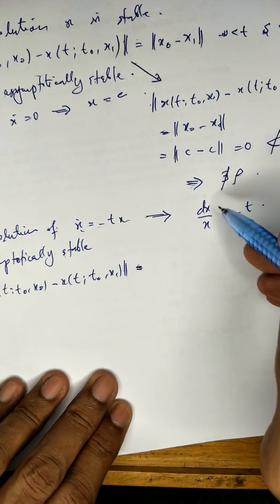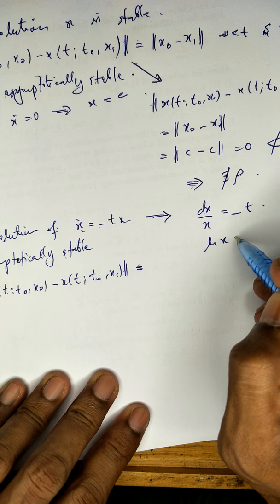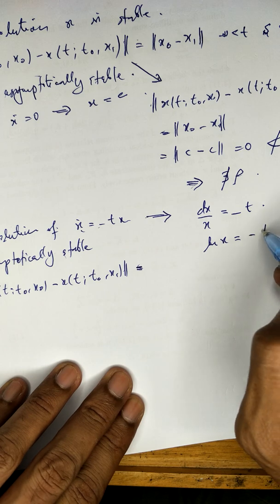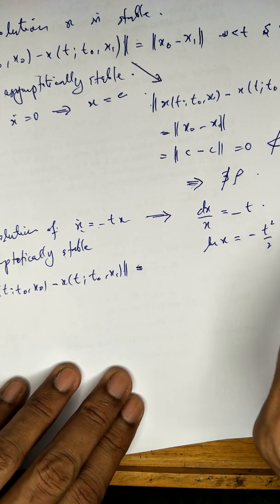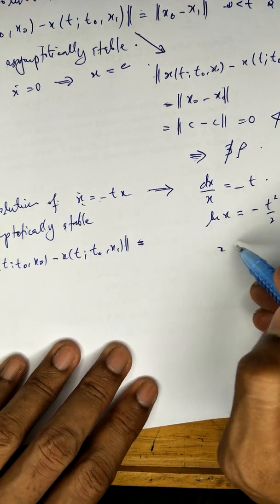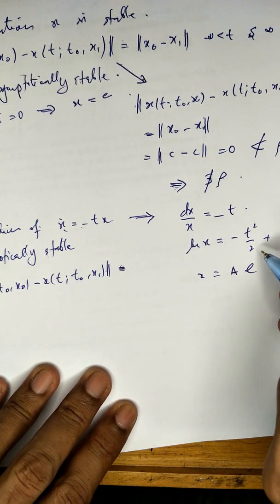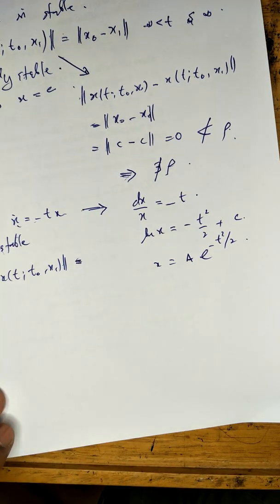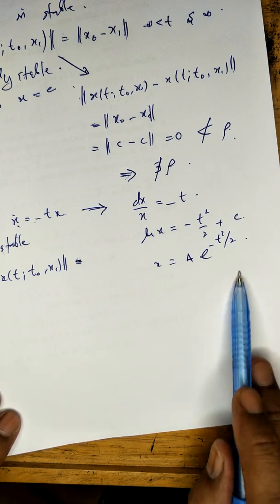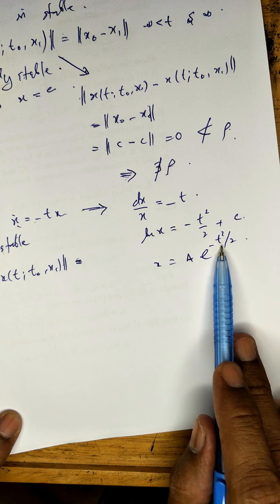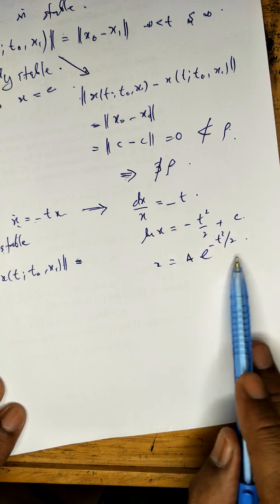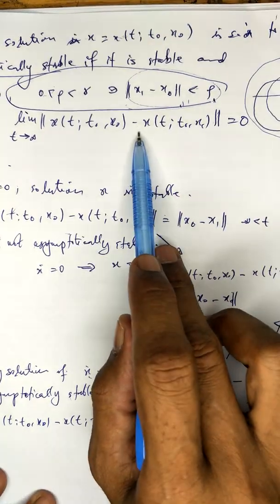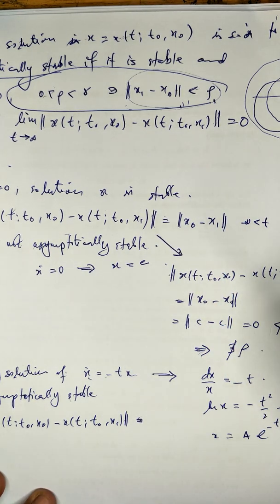There you have ln x equal to, integrating, minus t squared over 2 plus some constant c. So x is some constant times e to the minus t squared over 2. Now as t goes to infinity, this goes to 0, the whole thing goes to 0, so the condition here is satisfied.